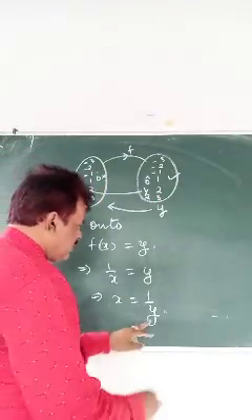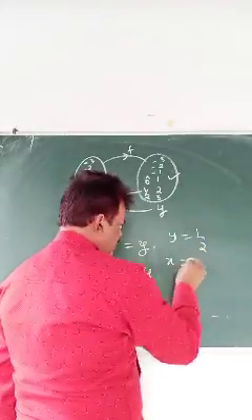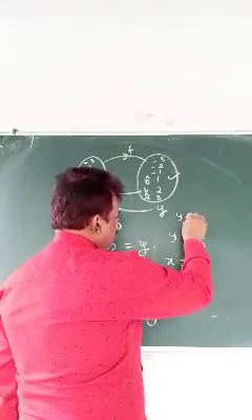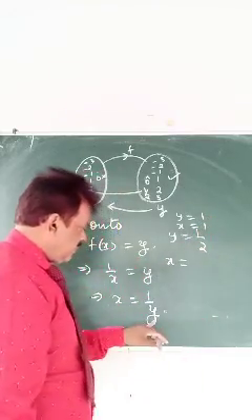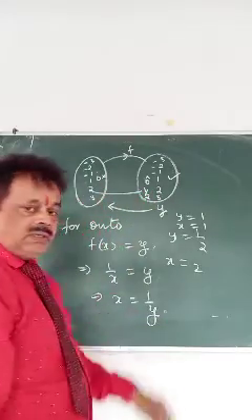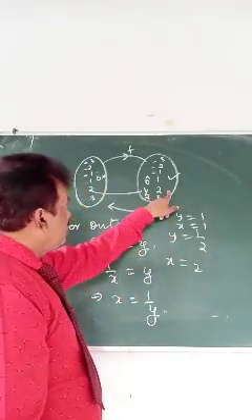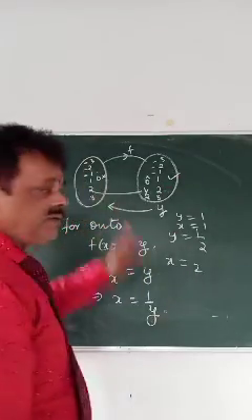Suppose I put y equal to half. Then what will be your x? If I put y is half, x will be 2. So half will be related to 2. That means for all y belongs to codomain, there exists an element x in domain.